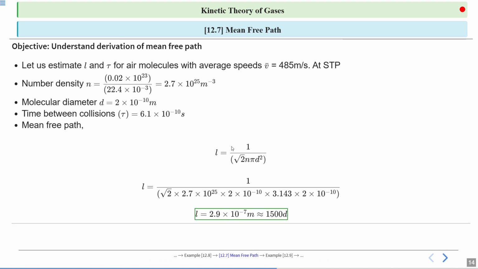So solving this, you will get L equal to 2.9 into 10 raised to the power minus 7 meters. This value is around 1500 d, or we can say about 1500 times the molecular diameter. This is clear?